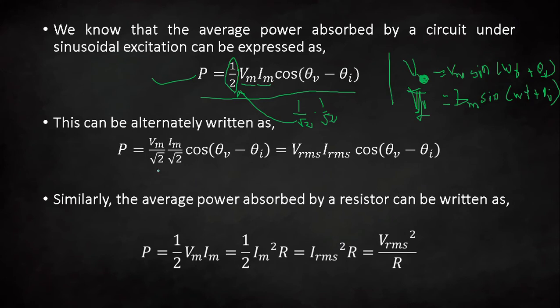You will get Vm by root 2, Im by root 2, cos of theta V minus theta I, and Vm by root 2 is nothing but Vrms, and Im by root 2 is Irms.